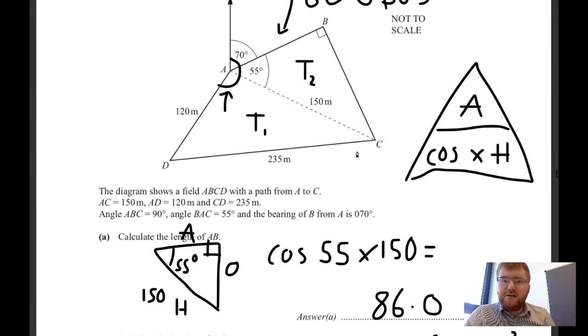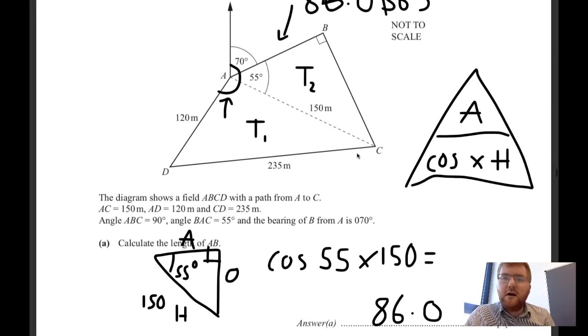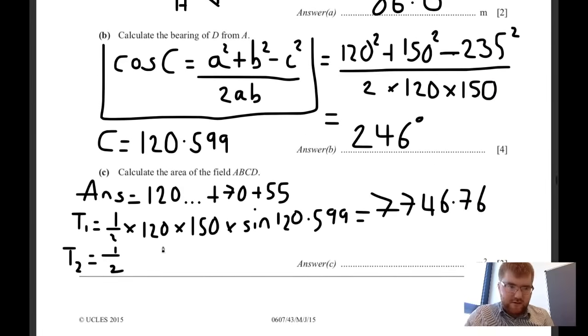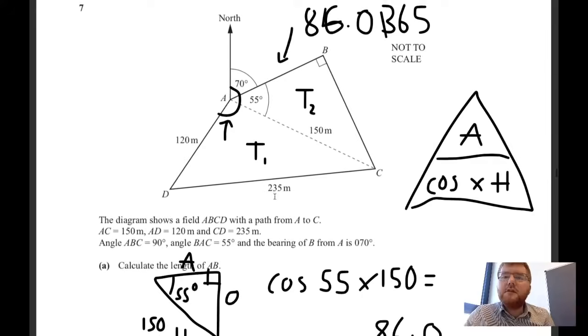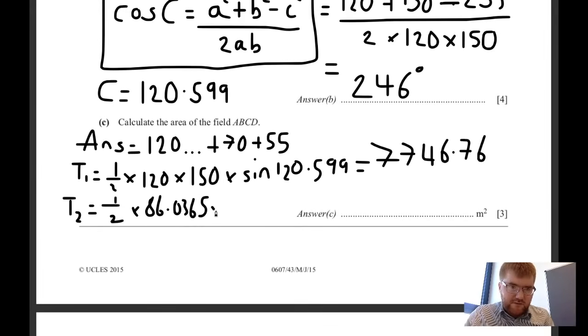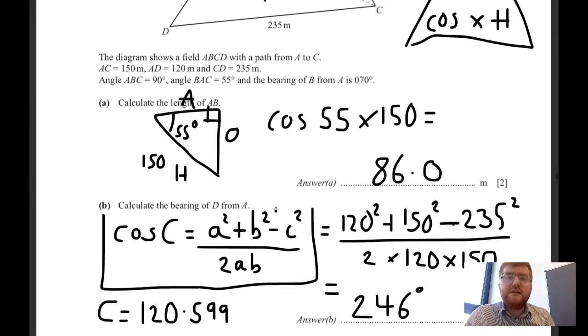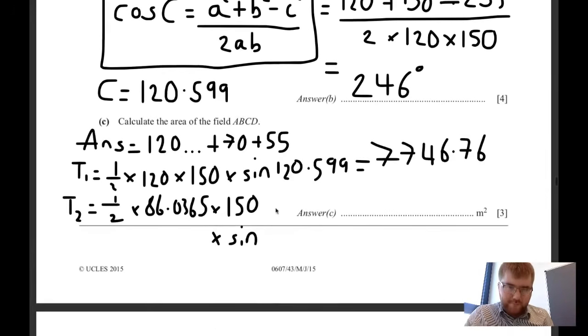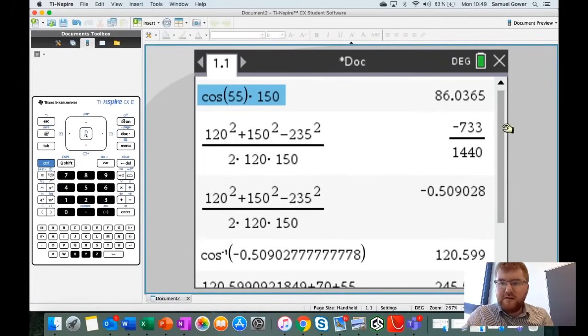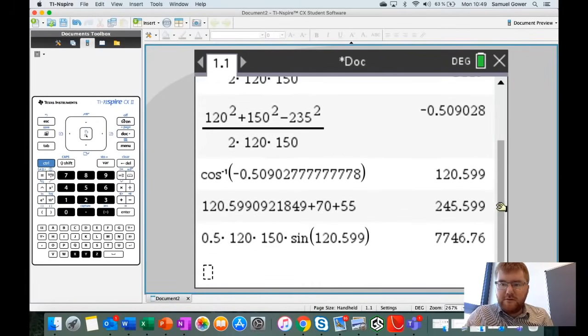Got it there. So we need to use the formula again. So half times 86.0365 times 150 times the sine of the angle, which is a nice precise answer in this case, 55. Excellent. And if we do that on our GDC, let's go back. It doesn't matter what order you multiply in, of course.